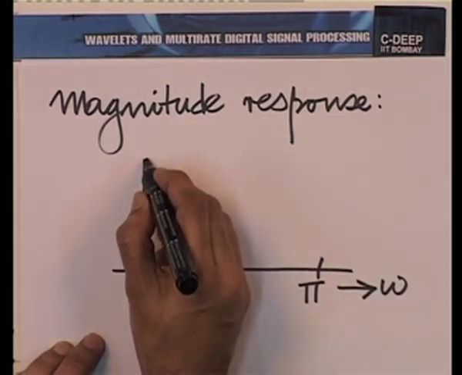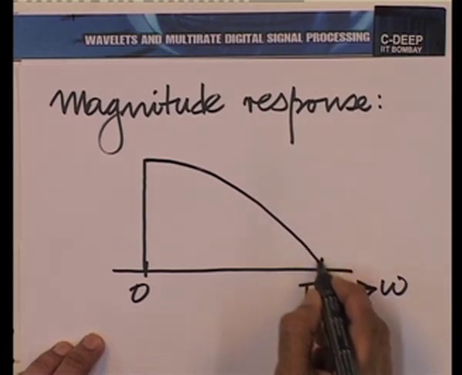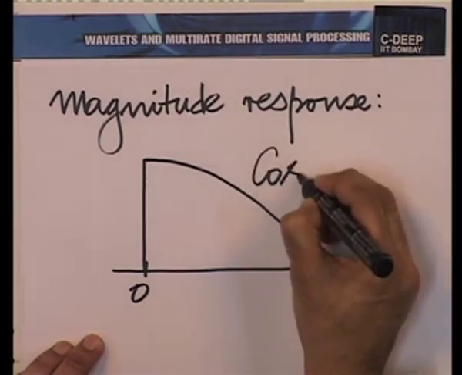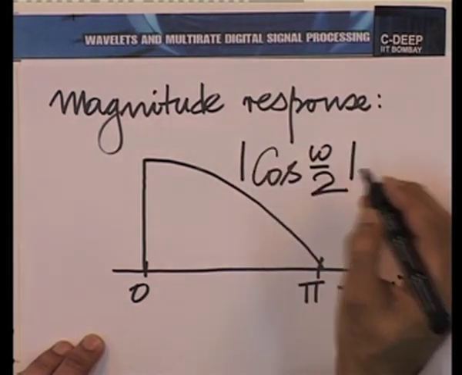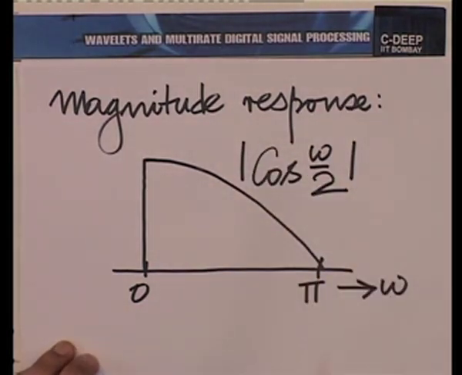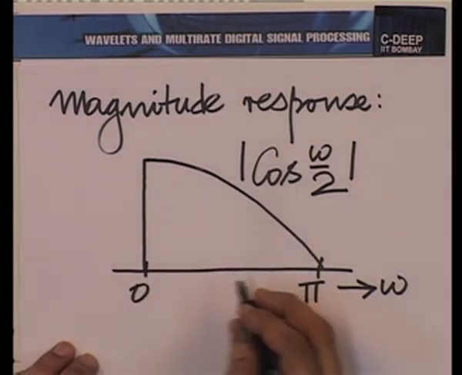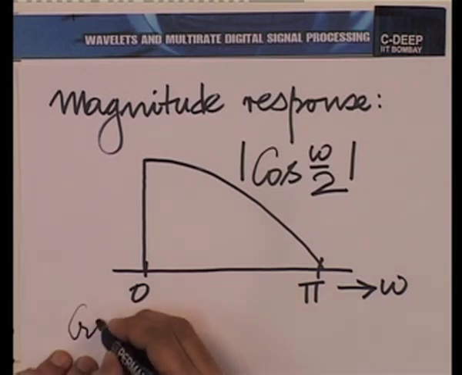You can see that this is the kind of pattern that is going to show, essentially of the form cos omega by 2. And for the moment, we can already see that this is something like a crude low pass filter.